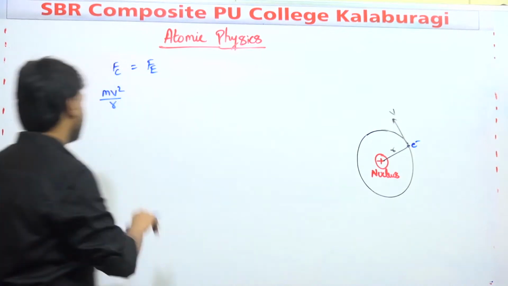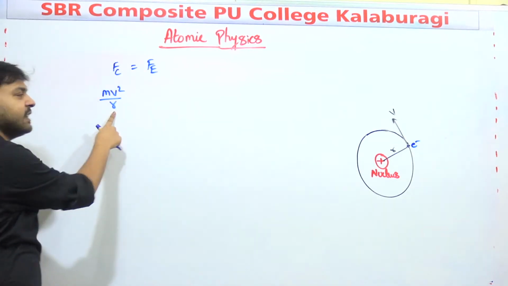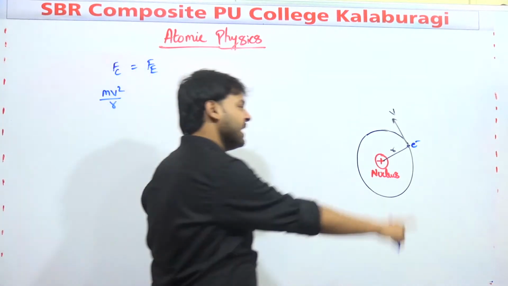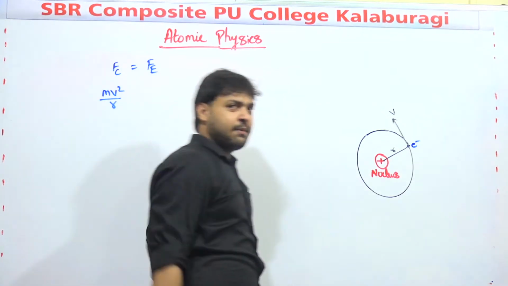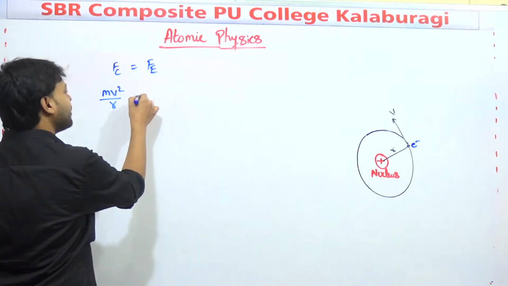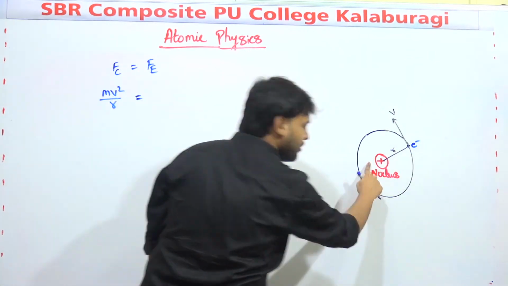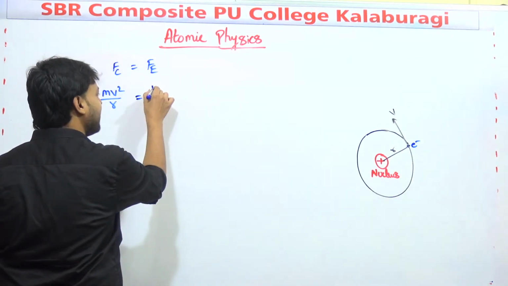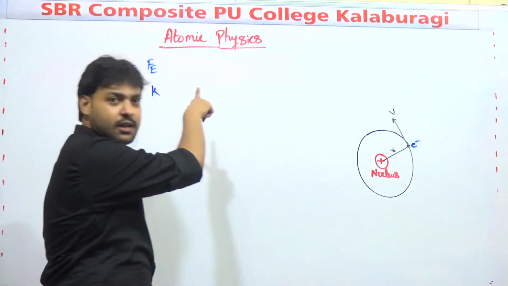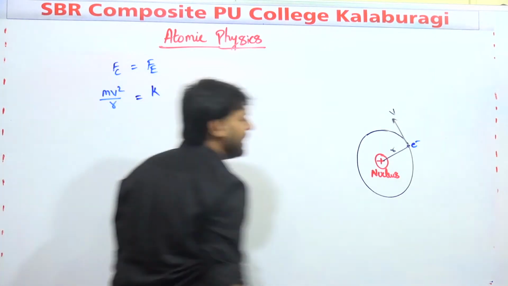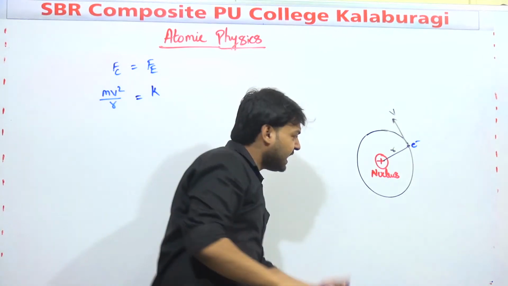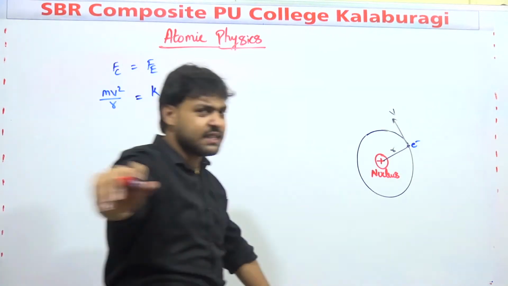Right? So we know the mass of the electron, the velocity of the electron, and the radius between what and what? Between the nucleus and the charged particle, which is equal to the electrostatic force. So the electrostatic force between the electron and the nucleus. Tell me the formula: K, 1 by 4 pi epsilon naught, K Q1 Q2 by r square. What is the charge of the nucleus? Already we discussed in the last classes, right?